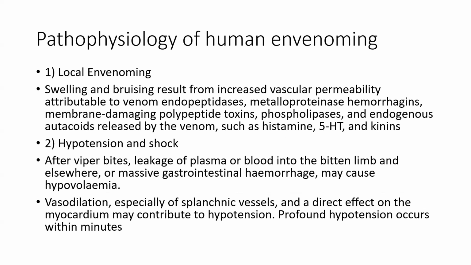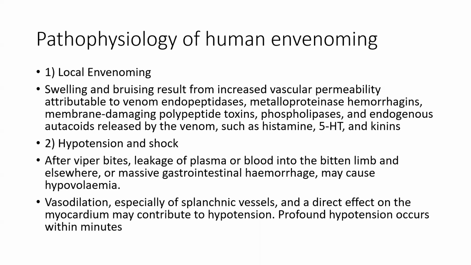Now the pathophysiology of human envenoming. It consists of local envenoming, which manifests as swelling and bruising, resulting from the increased vascular permeability attributed to venom endopeptidases, metalloproteinases, hemorrhagins, membrane-damaging polypeptide toxins, phospholipases, and endogenous autacoids released by venom such as histamine, serotonin, and kinin.